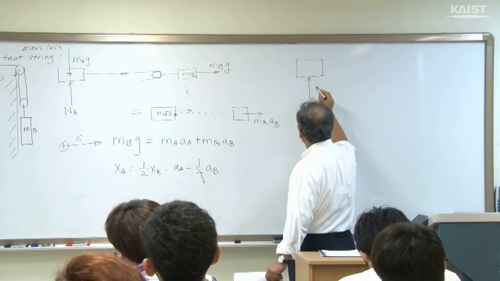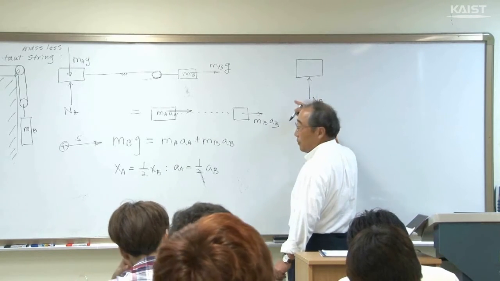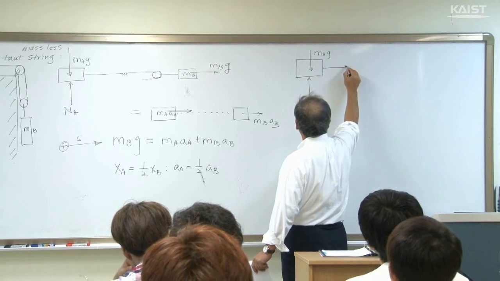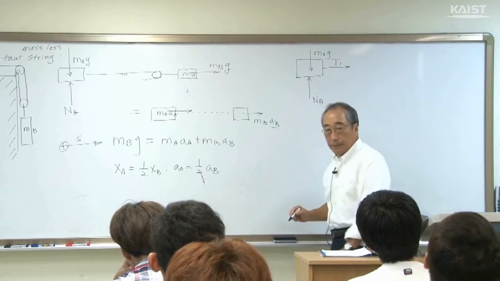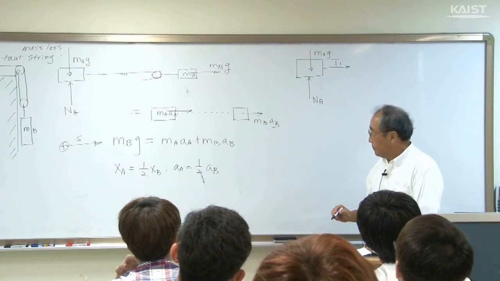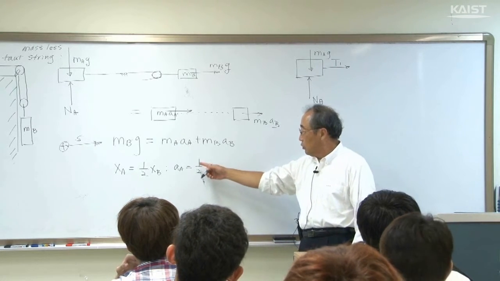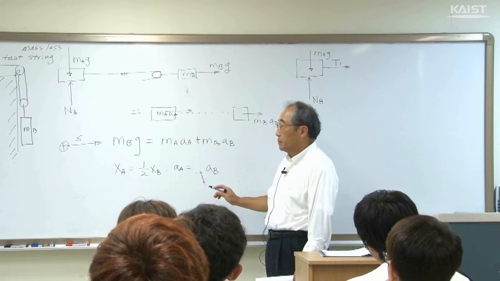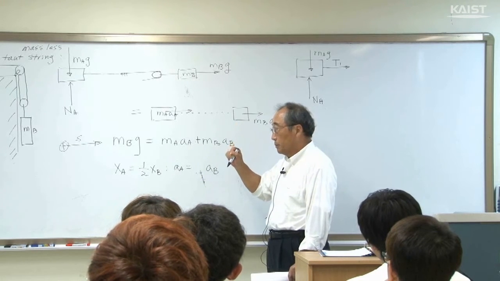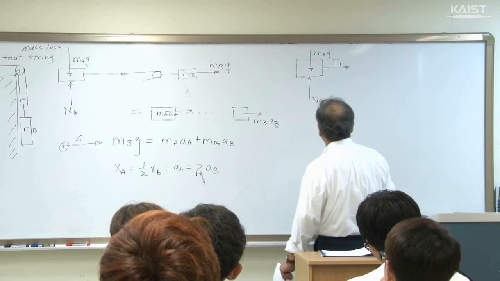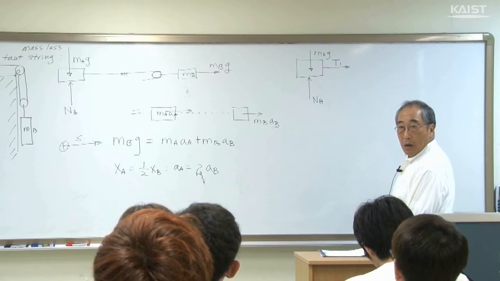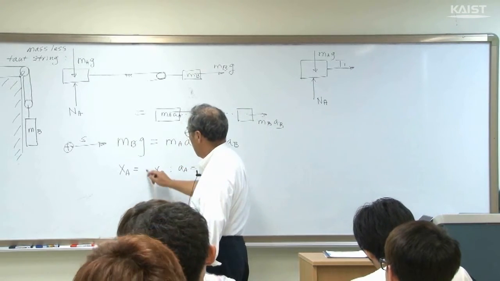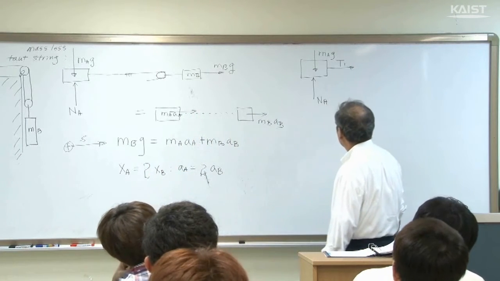Again, there should be some normal force acting on the mass A, and MAG due to gravity, and there should be tension T1.